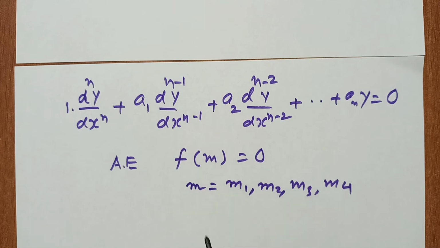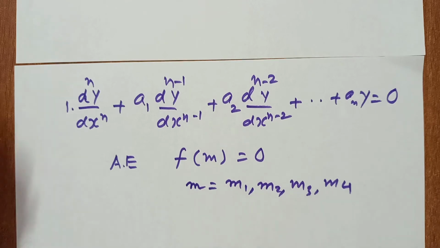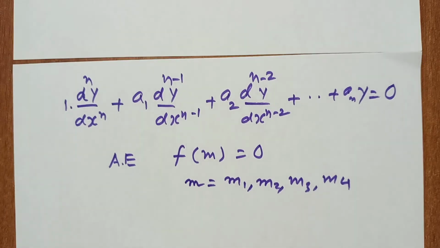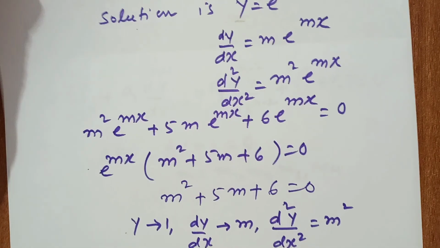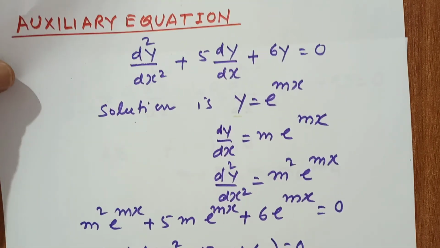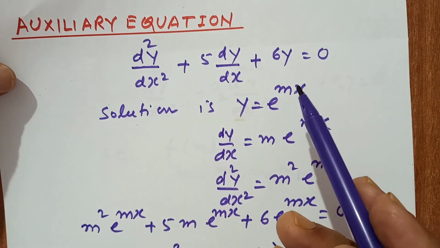Now the solution of the differential equation depends on the values of m, as we explained for second degree. First you see the differential equation, then we calculate the auxiliary equation.